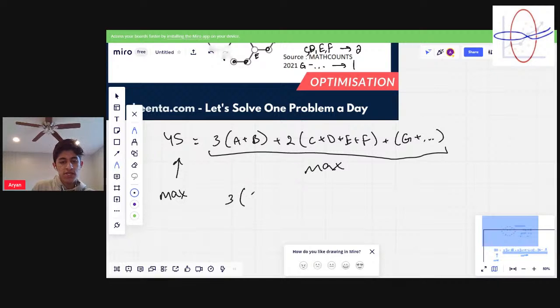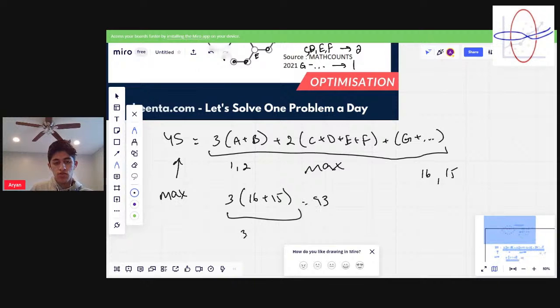That means I would put 16 and 15 for A and B, because then I get to multiply these by 3. Logically, if I put 16 and 15 in the set that's only counted once, and put 1 and 2 here, then instead of this coming out to 93, I'd get 3 times (1 plus 2), which is just 9.